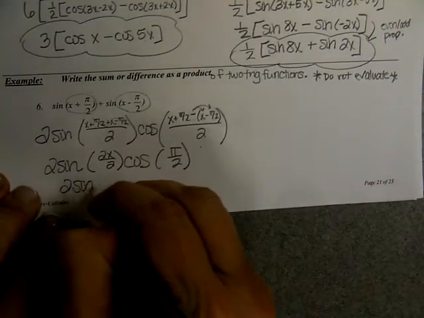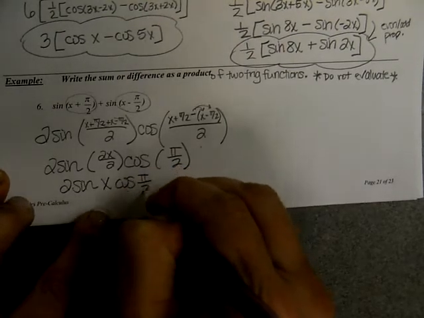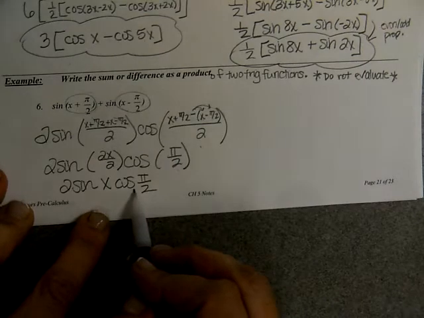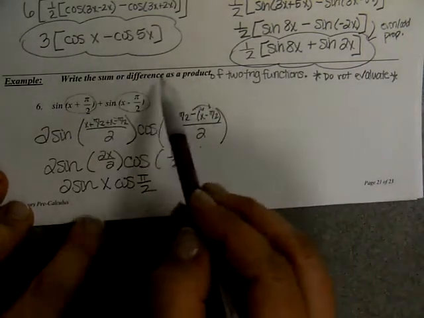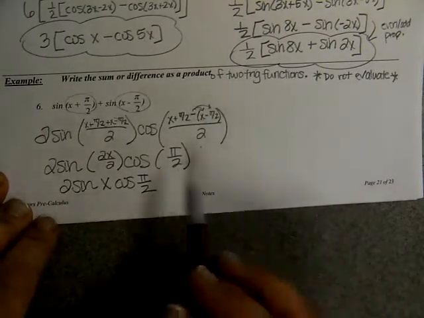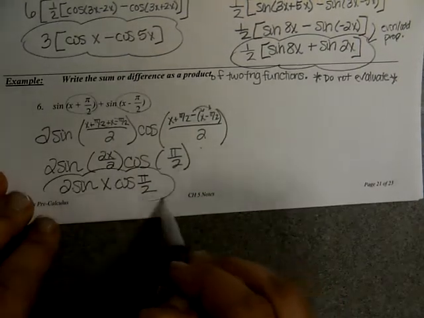I have 2 times the sine of x times the cosine of pi over 2. This is where it's tempting to evaluate, right? We totally want to evaluate the cosine of pi over 2. But notice this is now written as the product of two trig functions: 2 times the sine of x and the cosine of pi over 2.